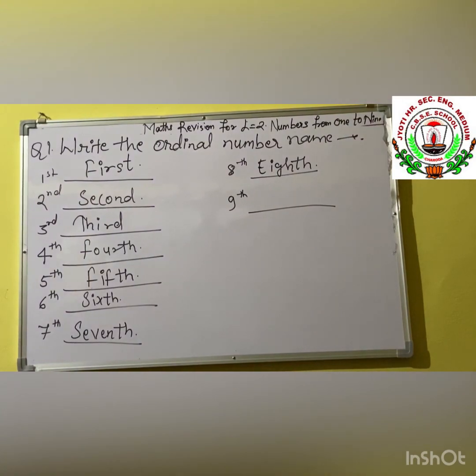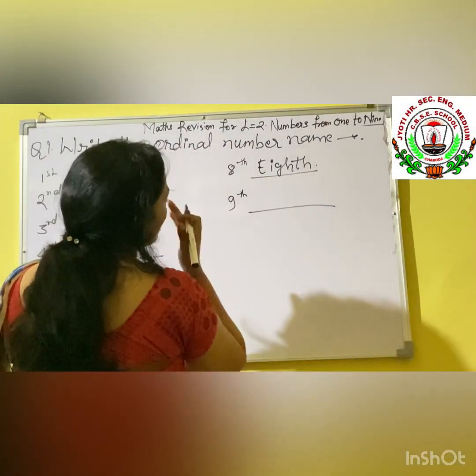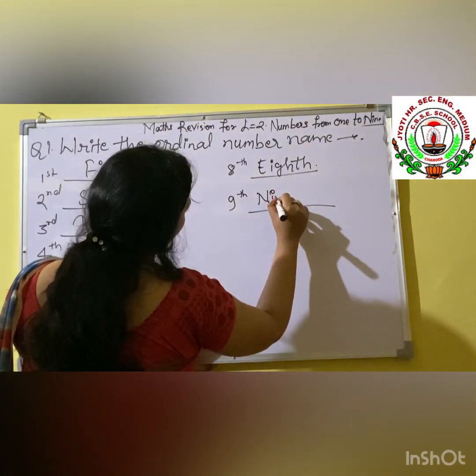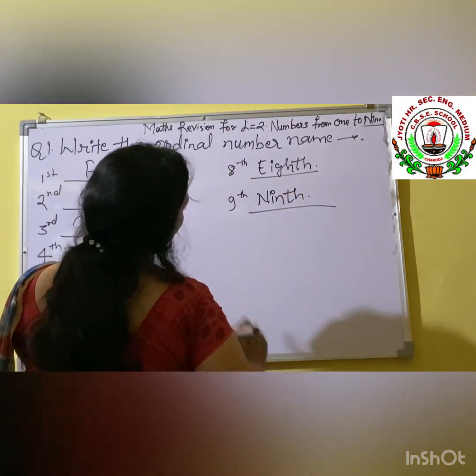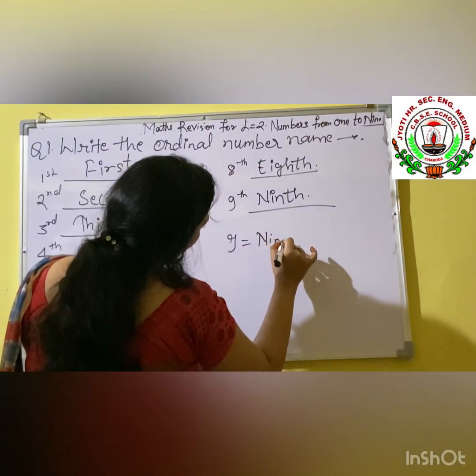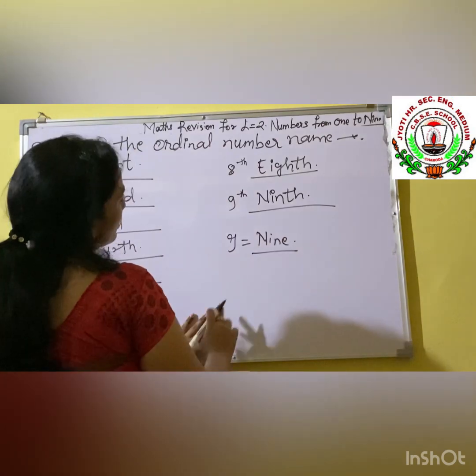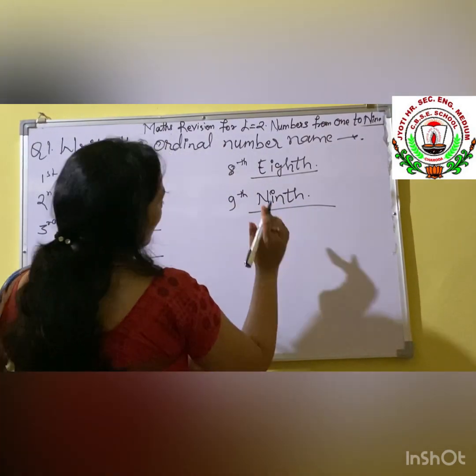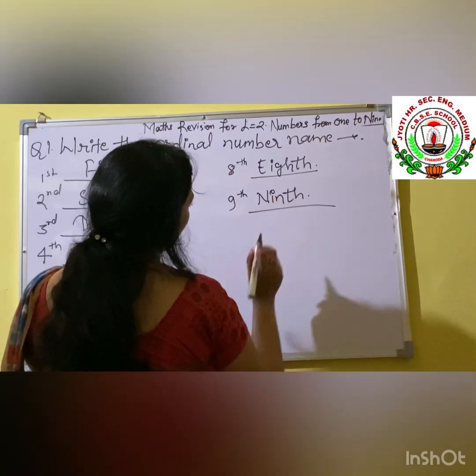And the spelling of ninth is, you do concentration over here. The spelling of ninth is N-I-N-T-H. The spelling of 9 is, students, N-I-N-E. But in ninth, E is not written over there. We will never write E over here.